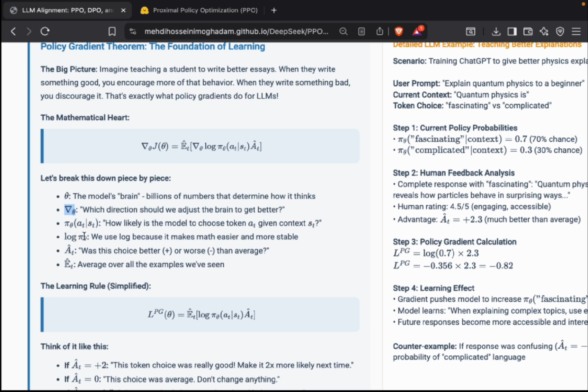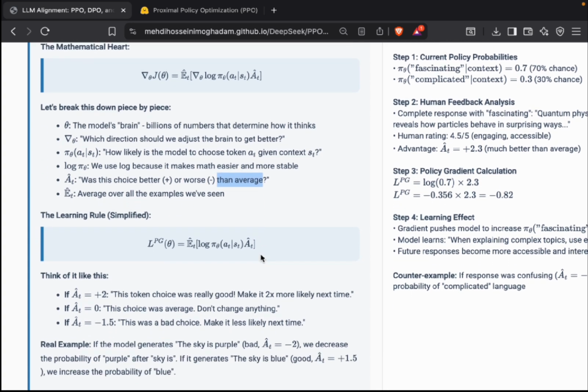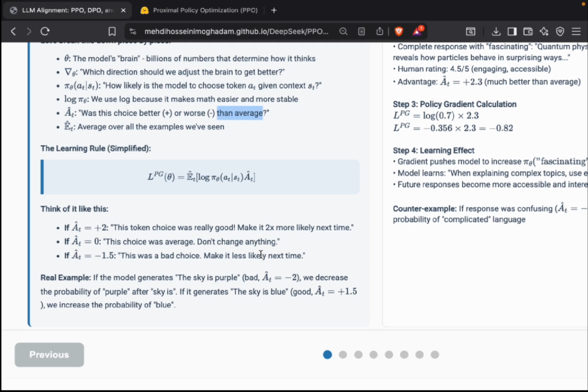And the log version of it is just a mathematical trick to make the calculation easier and more stable. The advantage: if the choice is a good choice, we give a positive advantage in order to encourage it. If it is worse than the average response, we give something negative. So that's how it technically works.